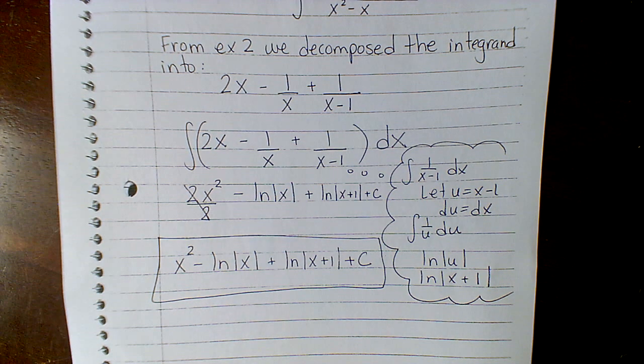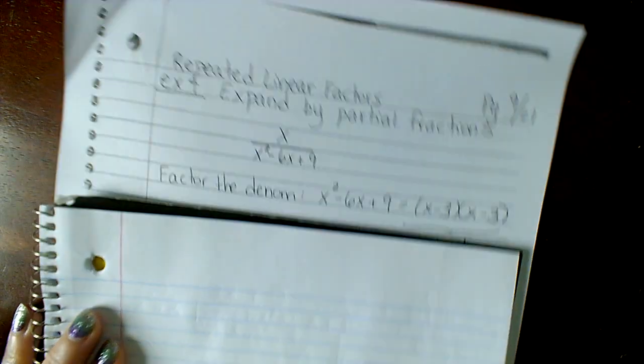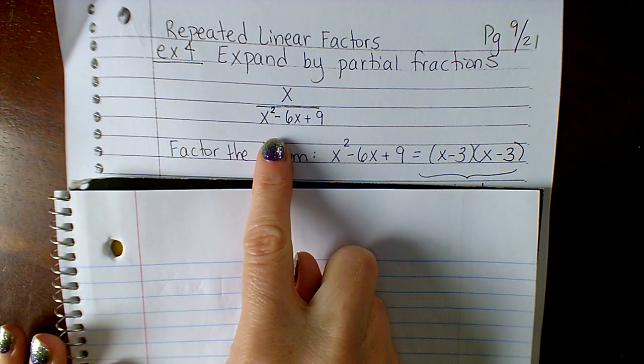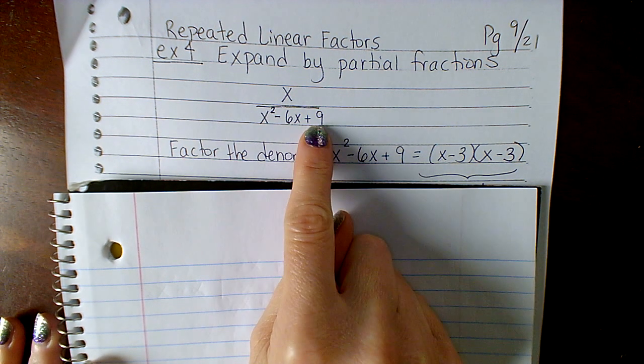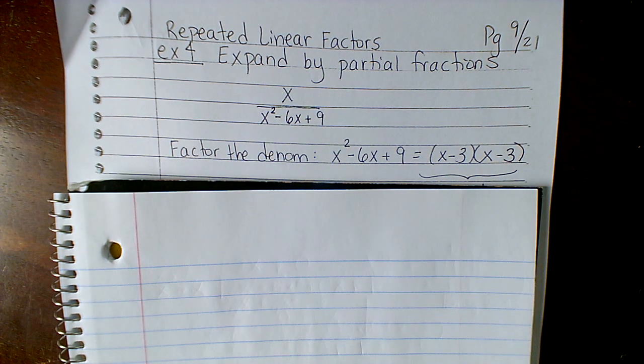Okay, so let's look at example 4 then. So what do I mean by a repeated linear factor? Well, this is an example. If I factor this denominator, I get the same linear factor of x minus 3 twice.